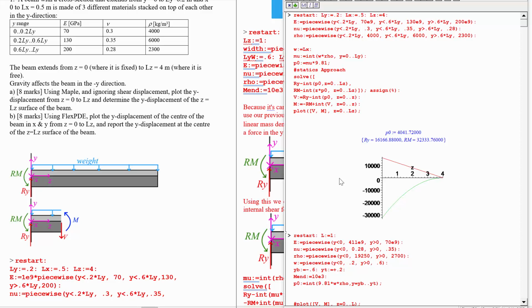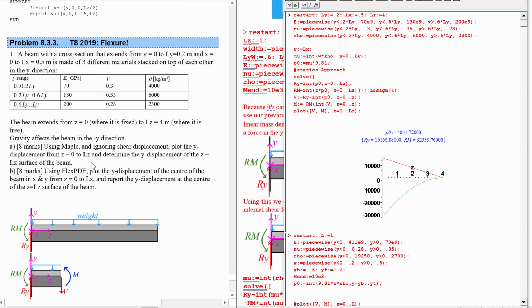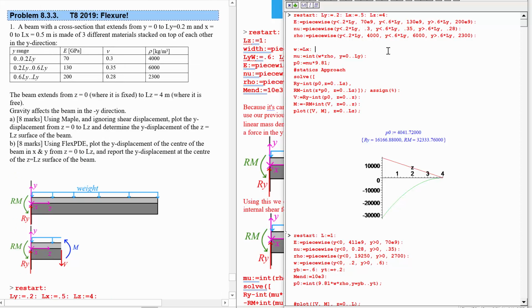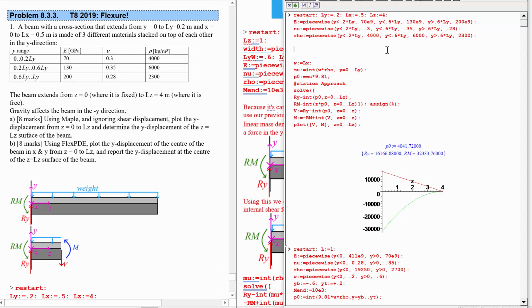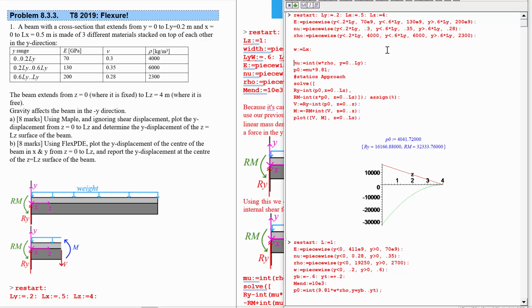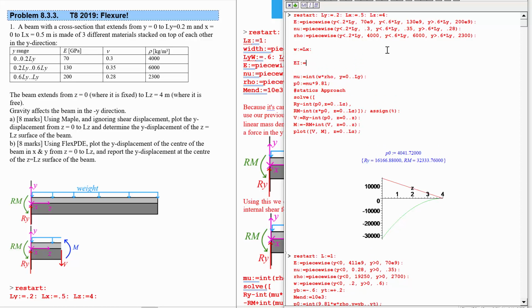So to calculate the displacement that comes from this according to bending, what we're going to need to do is first find the flexural rigidity, and we can get that by integrating. I guess we'll put this below the width formula. EI is going to be the integral over the cross-section.